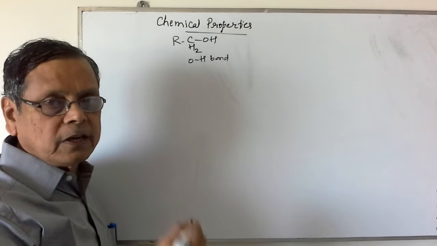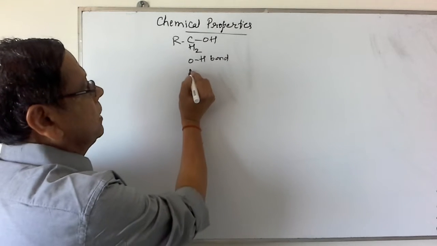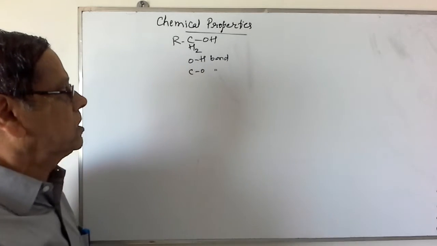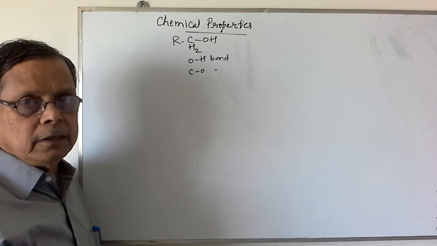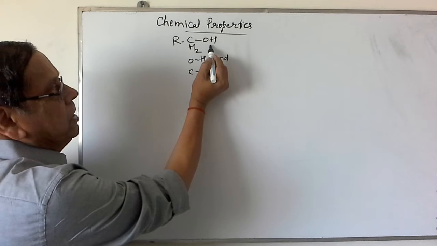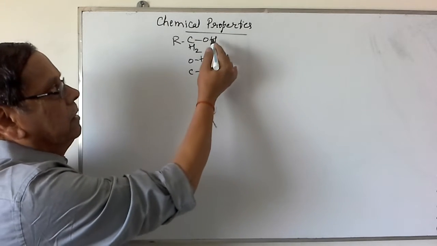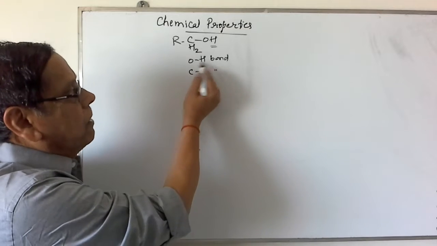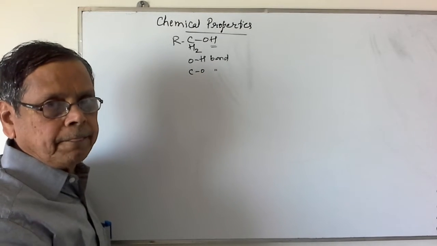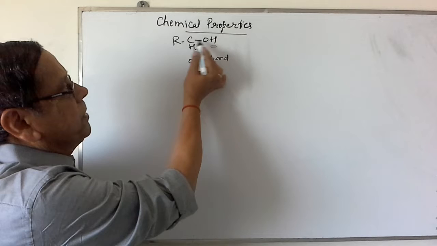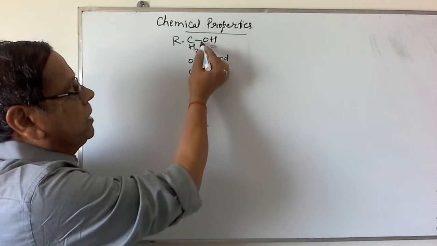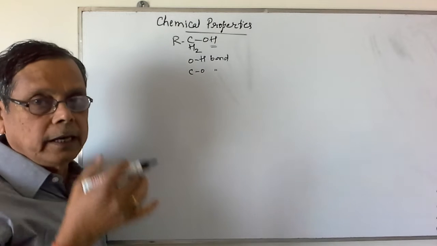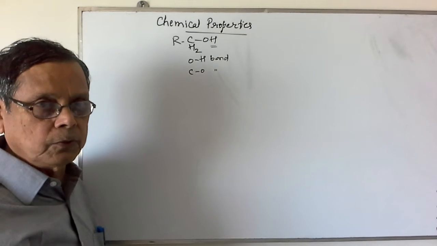In the second set of reactions, we have the carbon-oxygen bond. When this hydrogen alone is involved in the reaction or is replaced by some other group, the oxygen-hydrogen bond is cleaved. In some other reactions the carbon-oxygen bond is cleaved, so that the whole OH group is replaced by some other groups like a halogen atom or various other groups.